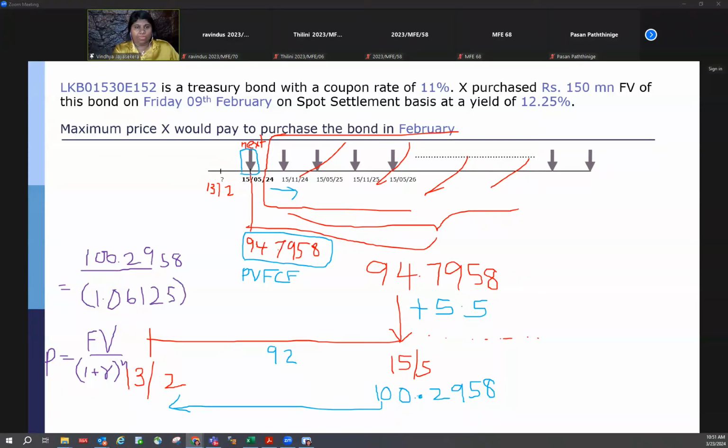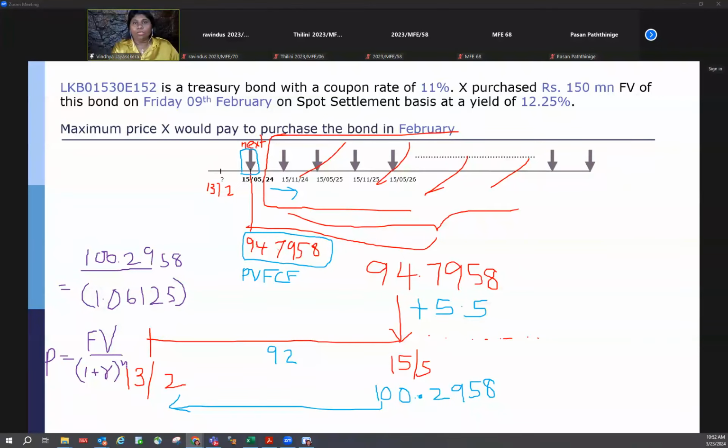So r is that, to the power n. That is why I was telling you earlier, when you said multiply by 92 divided by 365, why we don't do that is because we are still in the same sum. How we got 94.7958 is by discounting the cash flows on a to-the-power basis: to the power 1, 2, 3, 4. Now we are discounting that set of cash flows up to this point, so we have to use a to-the-power.